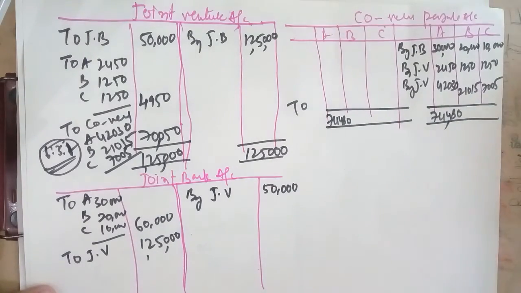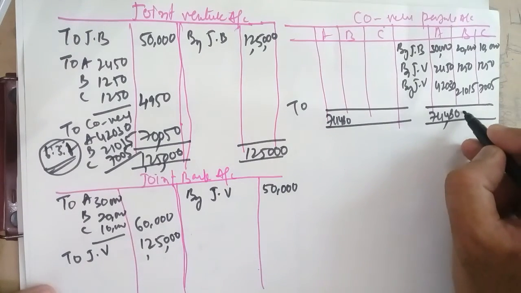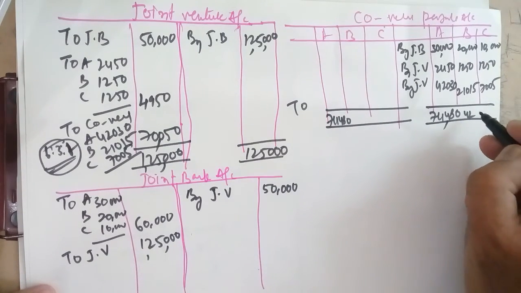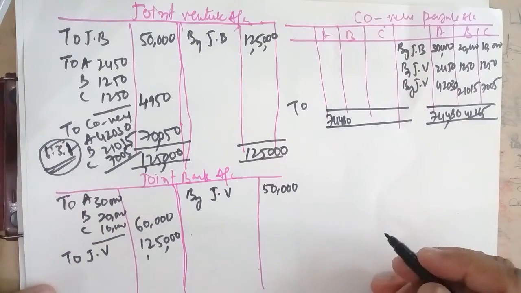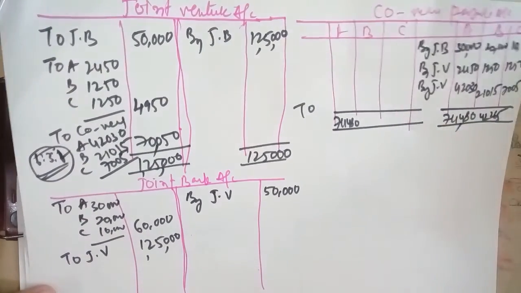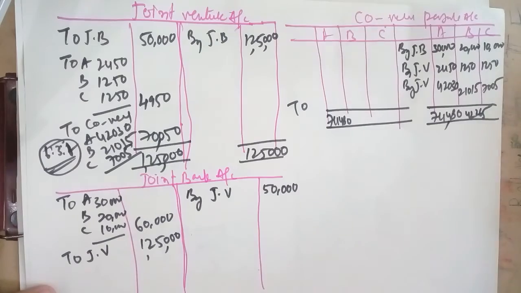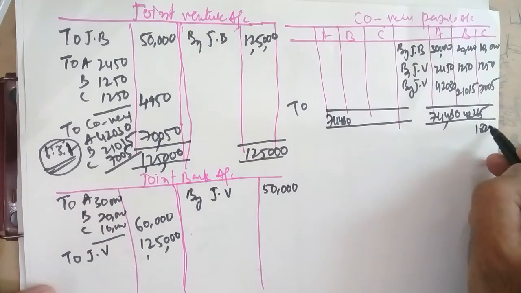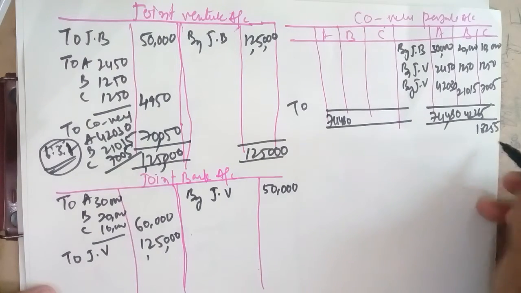The second one you calculate: 20,000 plus 1,250 plus 21,015, that is 42,265. And the third one is 10,000, 1,250, then 7,005, that is 18,255. Due to paucity of space I am writing it down, you can understand.